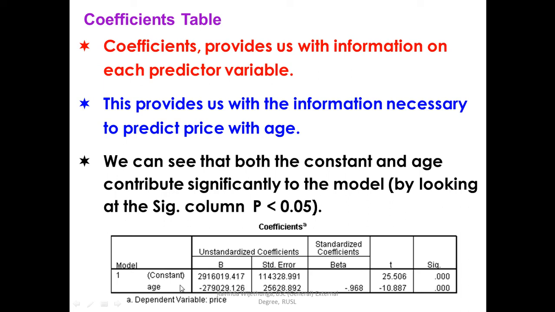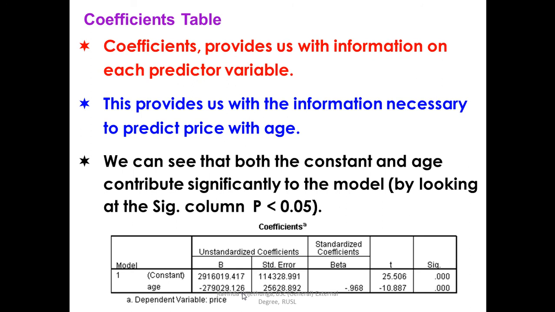And the age, that is our beta 1 or b1, we can take as minus 279,029.126. So we will check these values with our manual calculation.